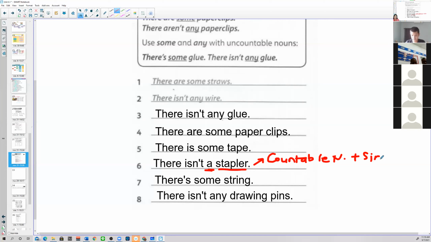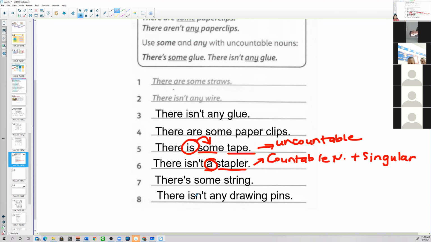And is singular. That's why we're using a. Understand? While this one we're using some with tape because tape is uncountable. That's why we always put it in the form of singular using is and some. Okay, and this one is always wrong. You have to use they aren't because drawing pins are countable and in plural.